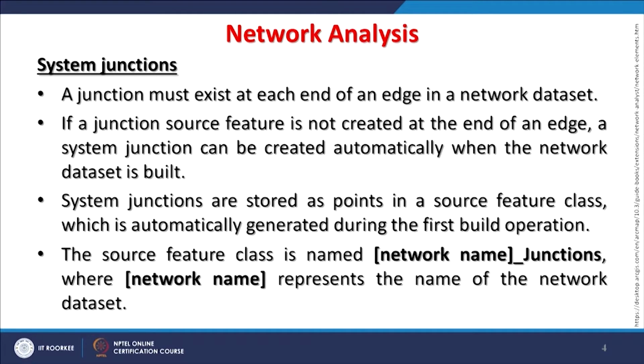The source feature class is named as the network name followed by junctions, where network name represents the name of the network data set. Likewise, everything is organized in our network database. When the network data set is created, the user makes choices that determine which edge and junction elements are created from source features.